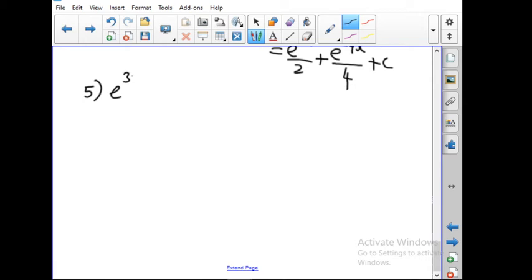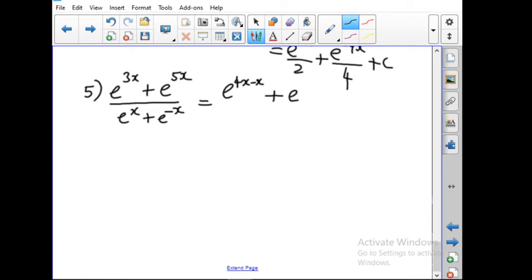(e^(3x) + e^(5x)) divided by (e^x + e^(−x)). Be clear that we cannot split it into two fractions since we have two terms in the denominator also. So what shall we do now? Let us split e^(3x) as e^(4x−x), and e^(5x) can be written as e^(4x+x).